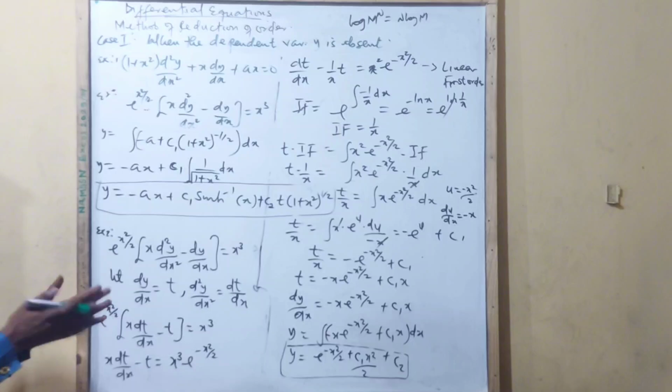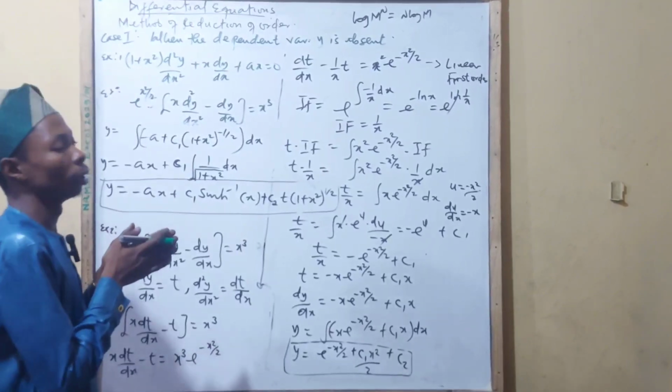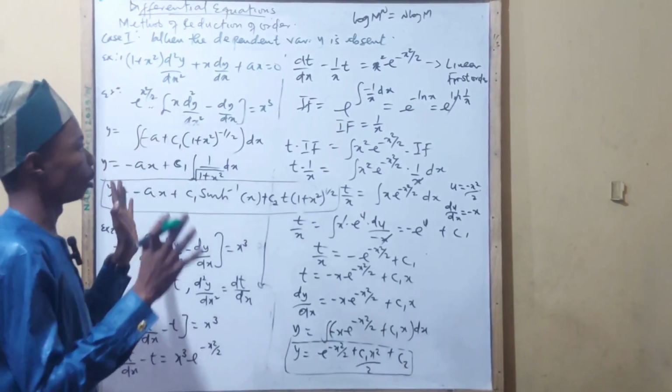Now let's move to case 2, whereby the independent variable x is no longer there.